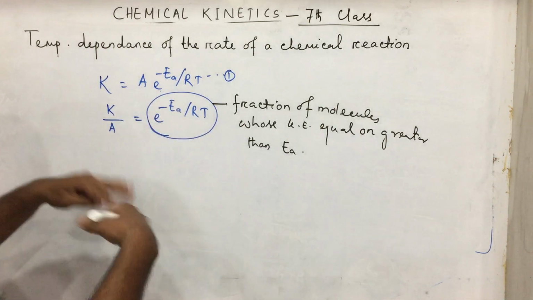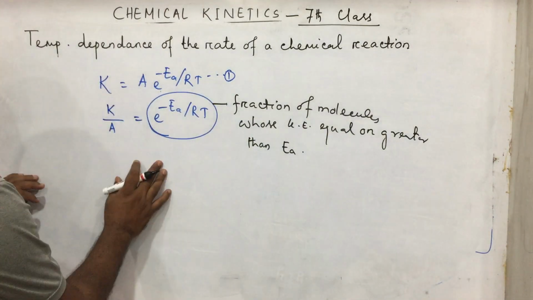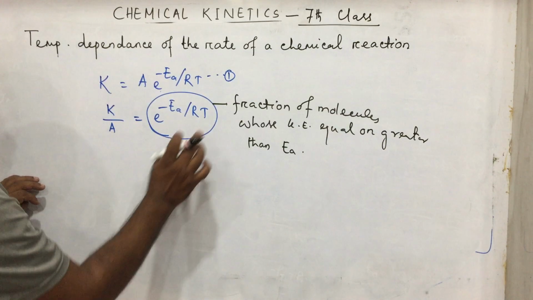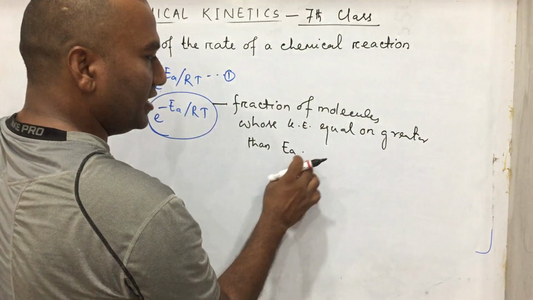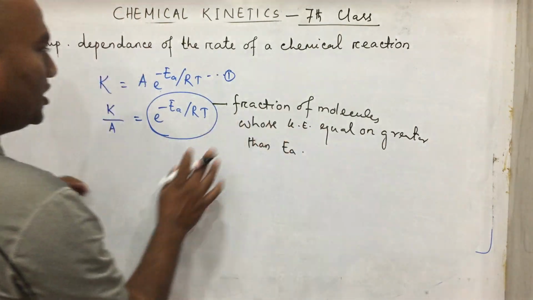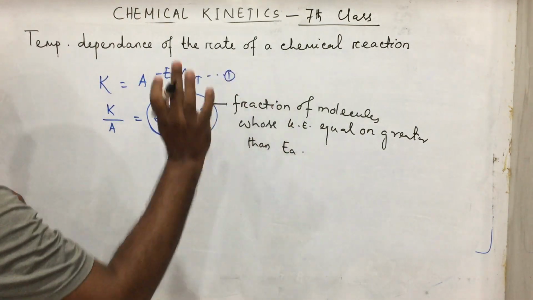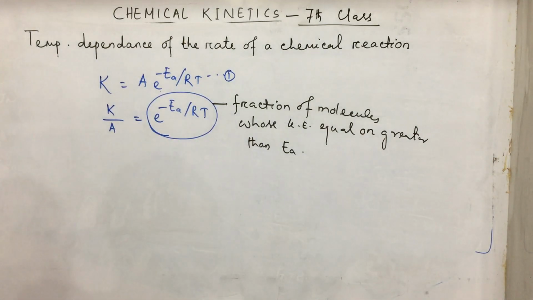So what is this? After this class we will read another class. Okay, so this is the expression. Actually this numerical is given in our NCERT book, last in-text question. So in this part activation energy is given, temperature is given, and the question is to find the fraction of molecules whose energy is equal to or greater than activation energy.